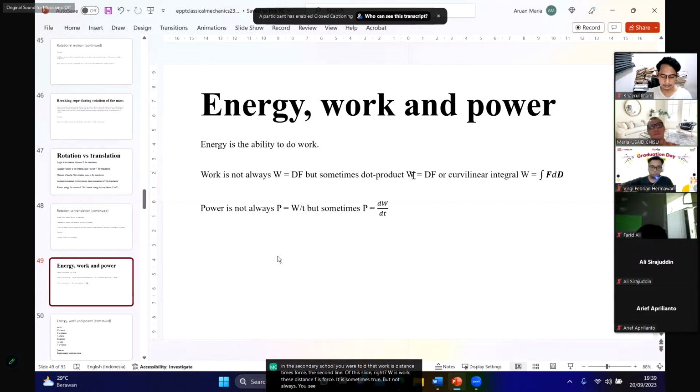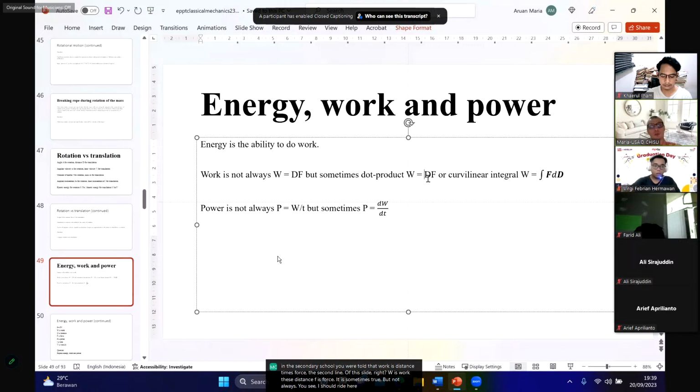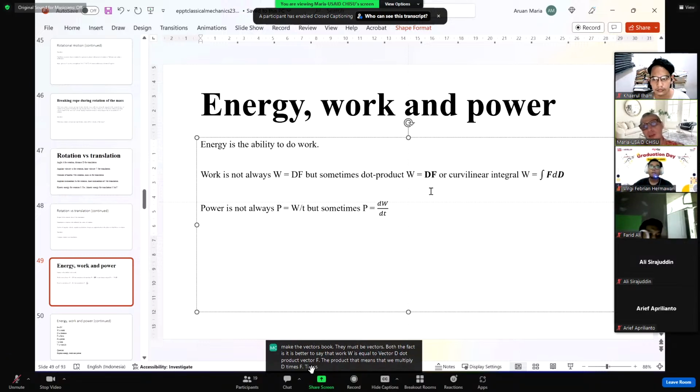You see, I should write here dot product. I should make the vectors bold. The fact is, it is better to say that work W is equal to vector D dot product vector F. Dot product, that means that we multiply D times F times cosine of angle between them. Okay?